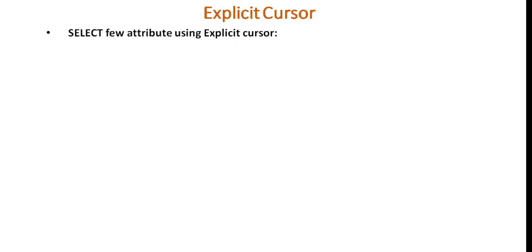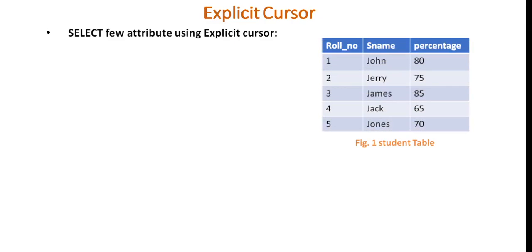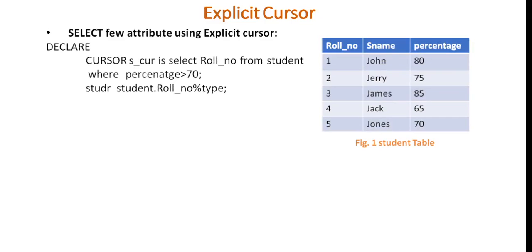Now we'll see how to use the same program to display a few attributes from the table. In the previous PL/SQL block, we fetched all the attributes from the table. Now we want to fetch only a few attributes. We don't want to fetch all attributes from the table. The same table is here. In the declare section, we have declared a cursor: cursor sql is select roll_number from student where percentage greater than 70.